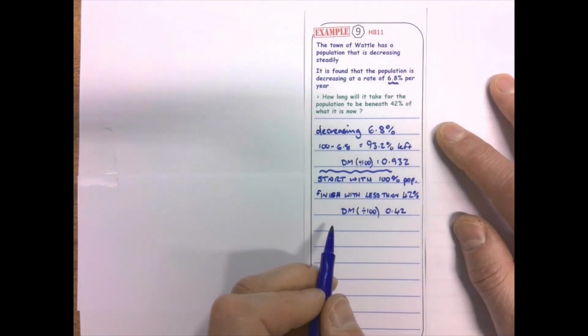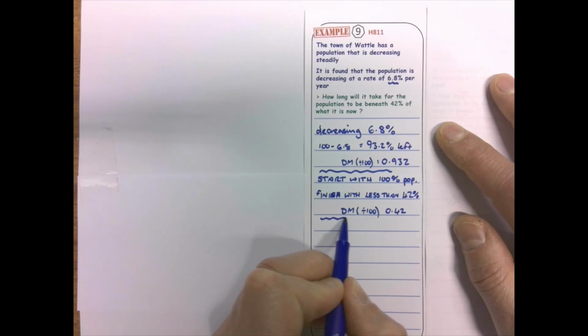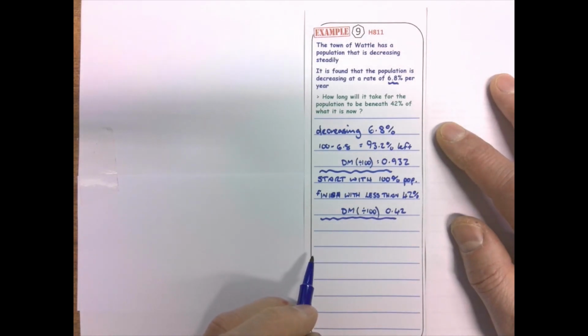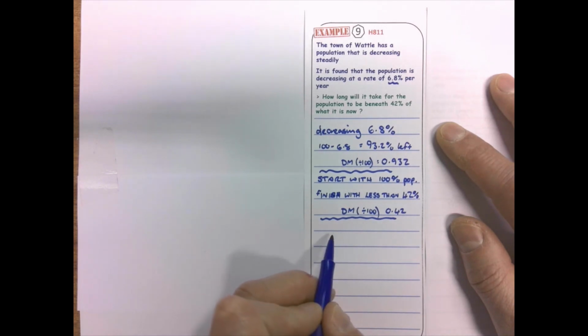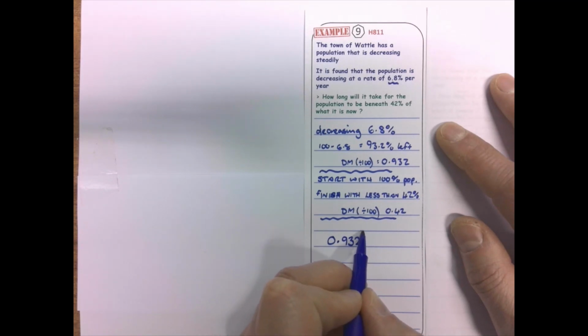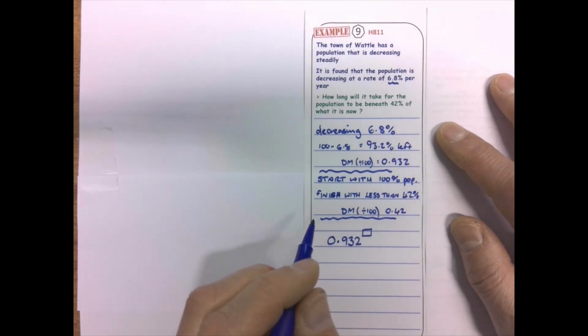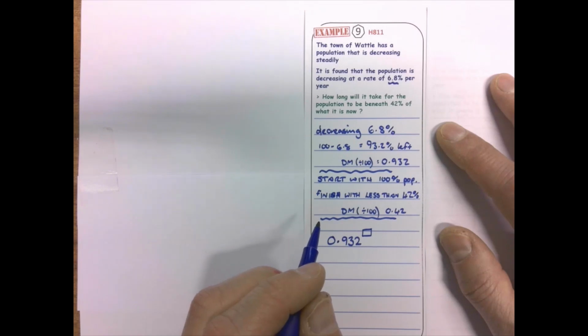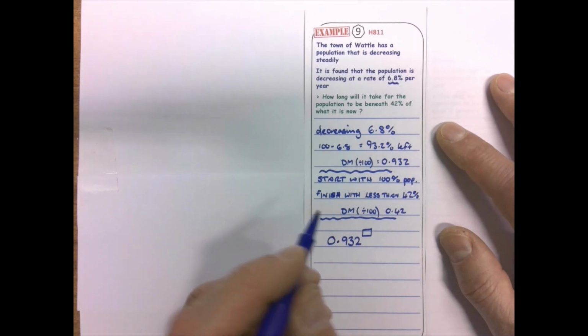Okay, so there's a bit of sort of upfront work that we just need to have in the back of our minds. So what we're going to do is we're going to say 0.932, when I multiply that by itself for a number of years, I'll find out how many people are left in terms of a decimal, sort of like a percentage.